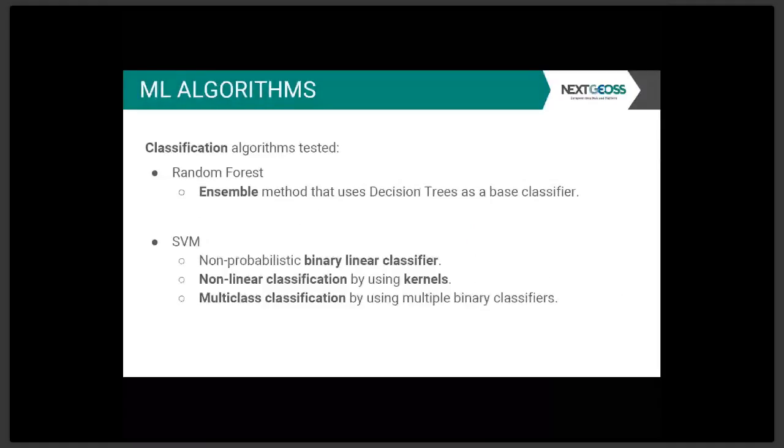This is a non-probabilistic binary linear classifier, but it can also be used for non-linear classification by using kernels, and can also be used in multi-class classification by using multiple binary classifiers. For example, in our use case, the land use land cover, we need to use these multiple binary classifiers because land use land cover is a multi-class classification problem.